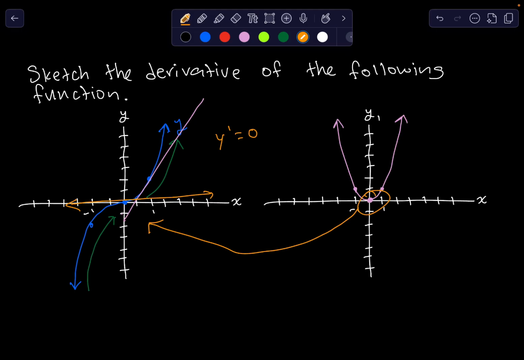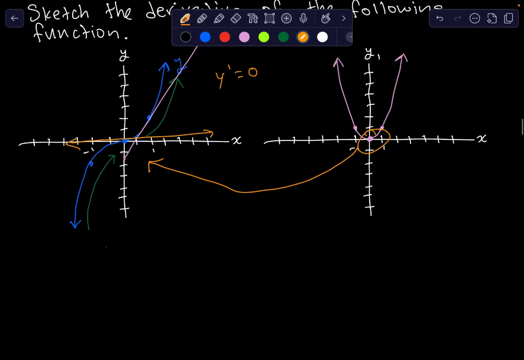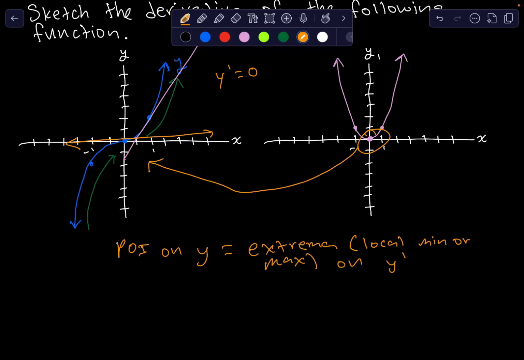So now we know, and we can write this out in words, point of inflection on y, so let's say y is just the original graph, equals extrema, or local min or max, on y prime. So there's a pattern to understand.